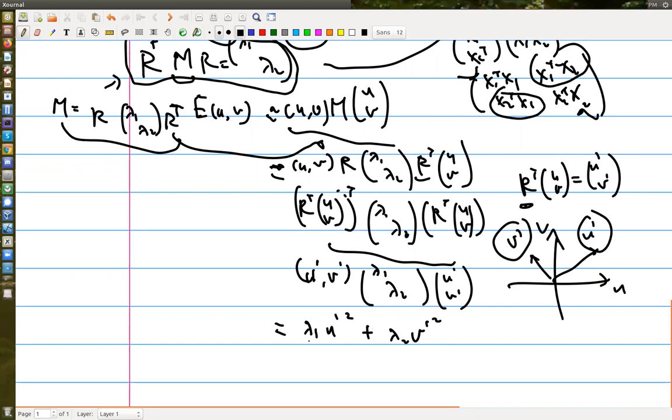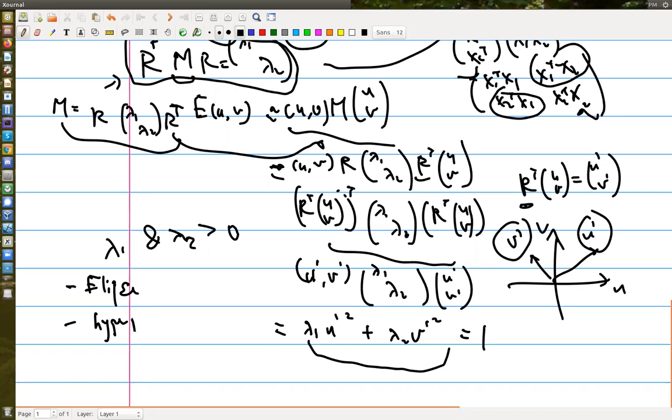So what's this? Let's say this is equal to 1, and if lambda 1 and lambda 2 are bigger than 0, I'll give you some choices here: ellipse, hyperbola, parabola?